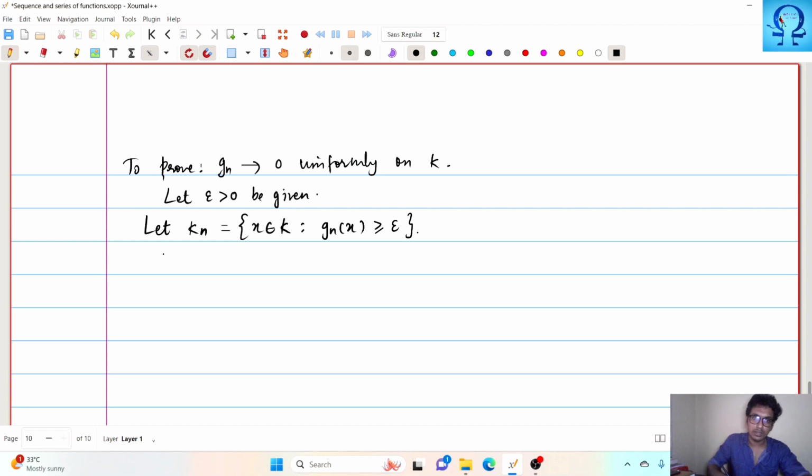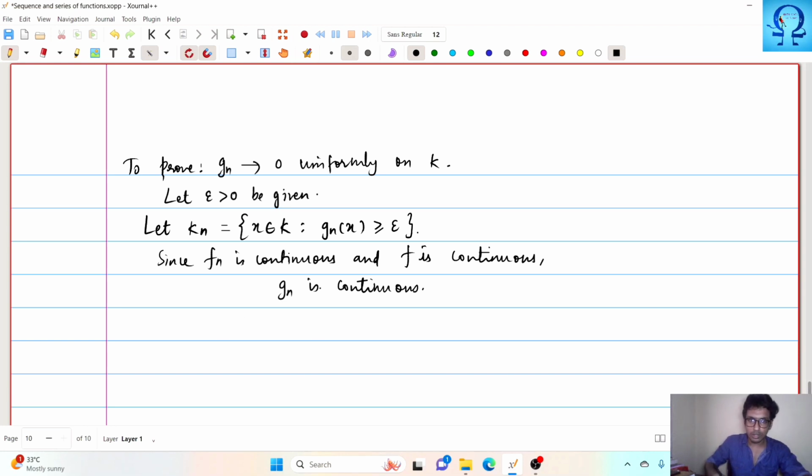Here, since fn is continuous for every n and f is continuous, Gn is continuous, right?